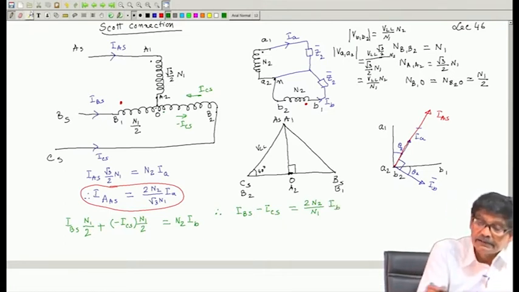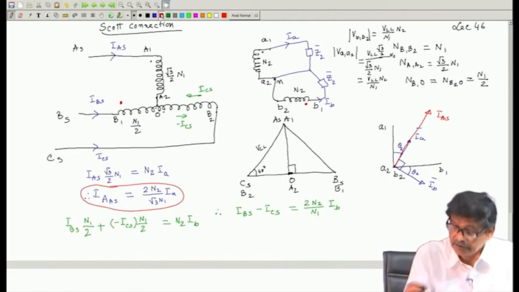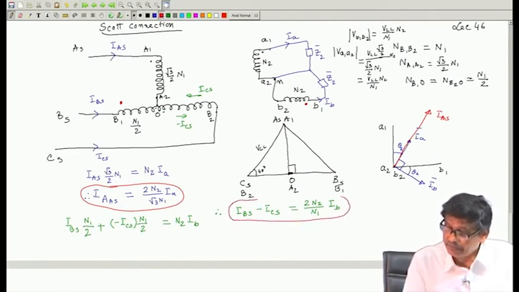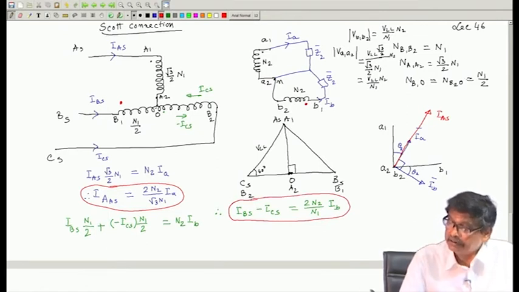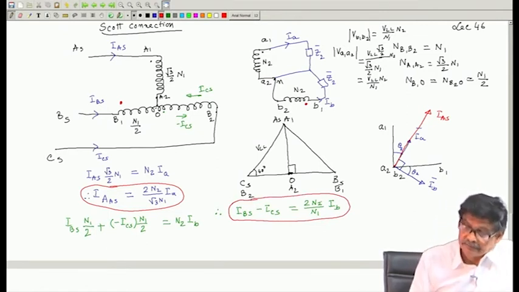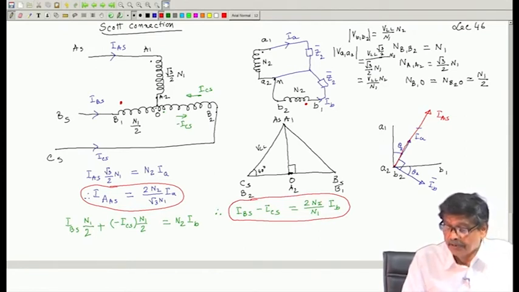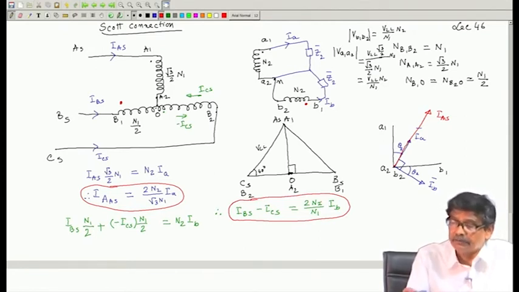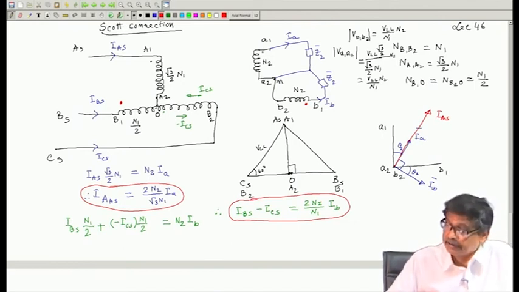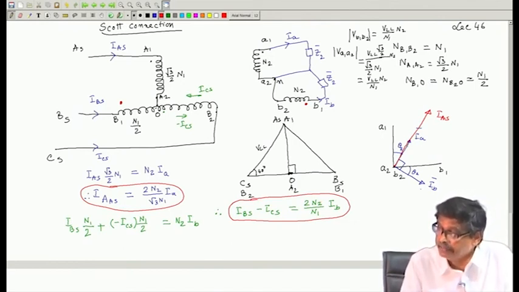So, this is another important equation, because I_AS already I know and I have drawn it in terms of I_A. I want to know in a similar way what will be I_BS and I_CS in terms of secondary currents, because I_A and I_B are known.